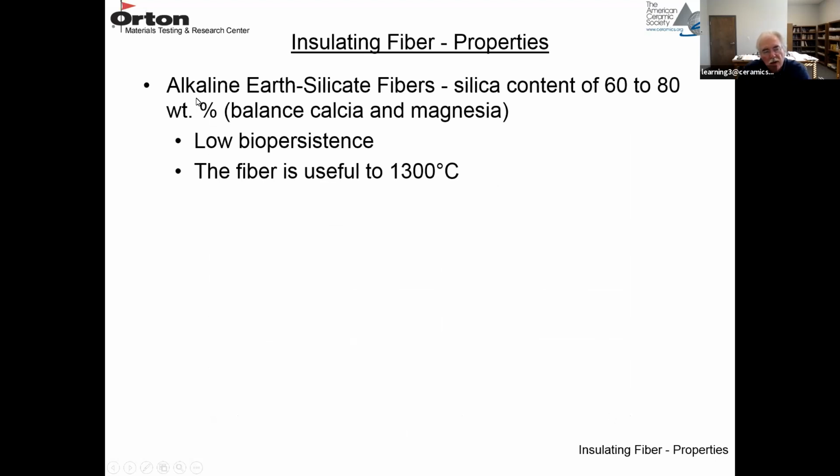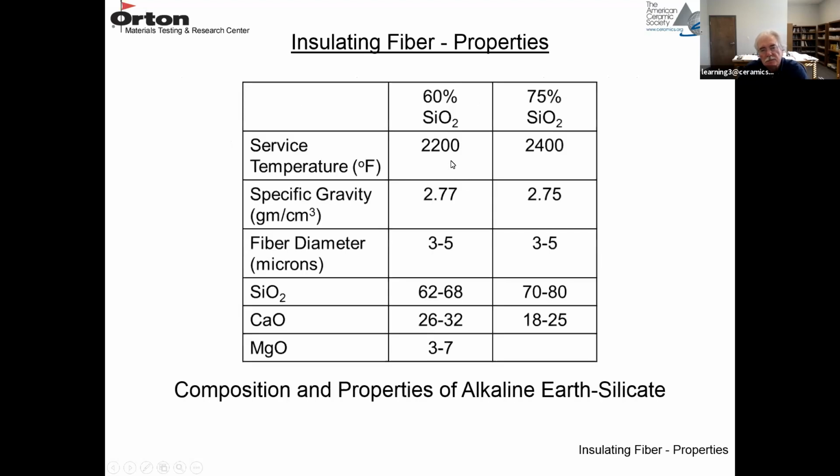The other type of fibers are the alkaline earth silicate fibers, and these are biodegradable. The silica content ranges from 60 to 80 weight percent, and the balance is calcium and magnesium oxides, CaO and MgO. Again, low biopersistence, so they're safer to use. But these compositions are only useful to about 1300 degrees C. Here are two examples, a 60% silica and a 75% silica.